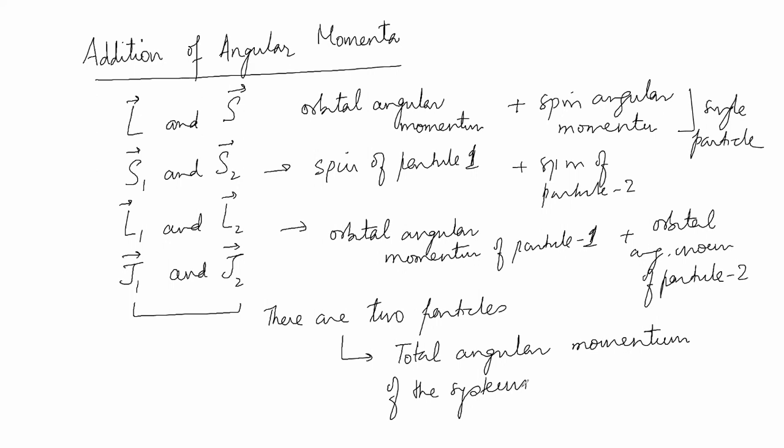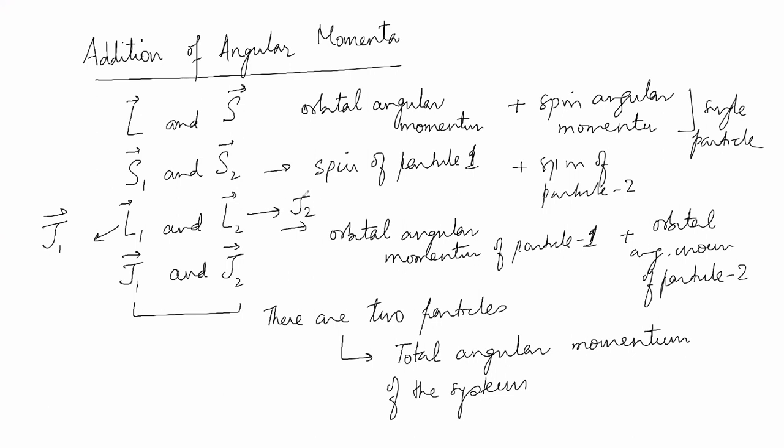Okay, therefore you can have a single particle which possesses orbital angular momentum and spin angular momentum, or two different particles which have got orbital angular momentum only, and that means if it has got only orbital angular momentum and spin is 0, then the orbital angular momentum is the same as the total angular momentum.